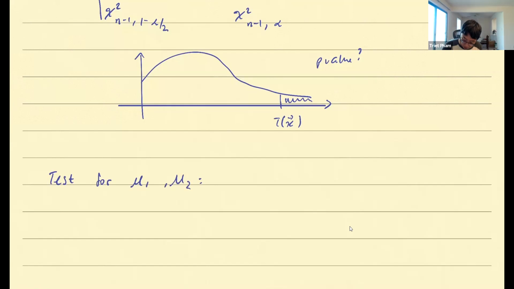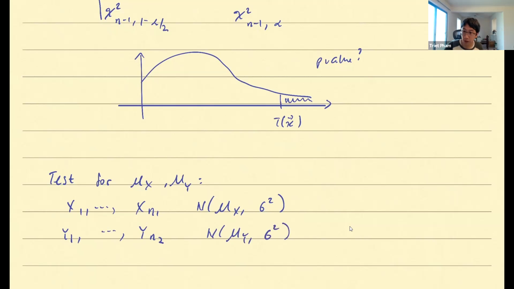Something like this: you have x1 up to x n1, normal with mean mu x, variance sigma square, and y1 up to y n2, normal with mean mu y, variance sigma square. I just switched to x and y to make the notation easy. You see what I'm doing there.